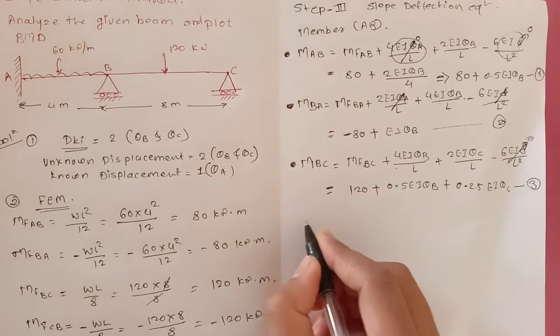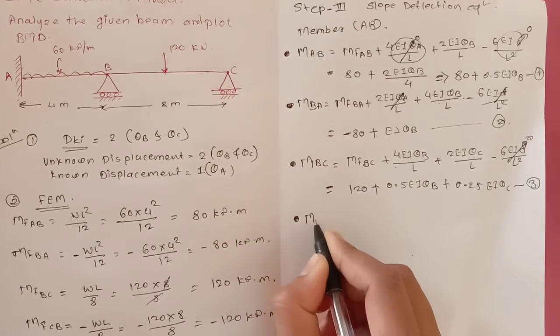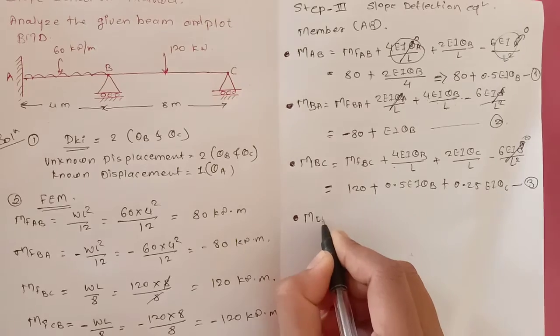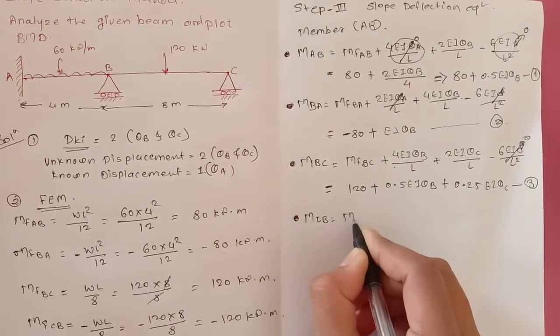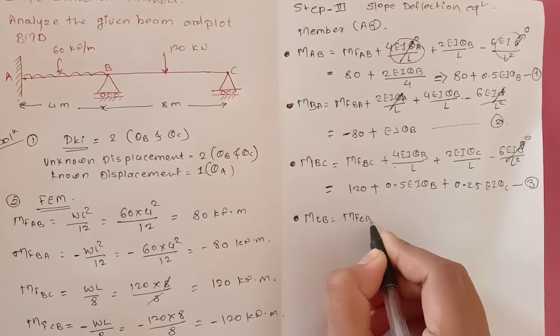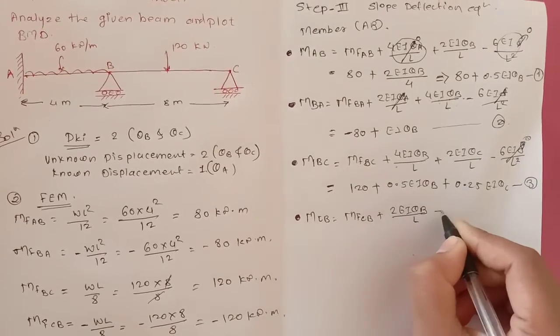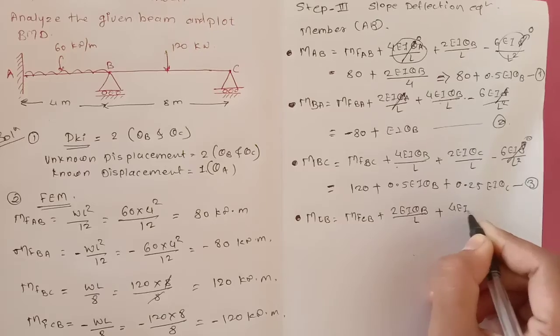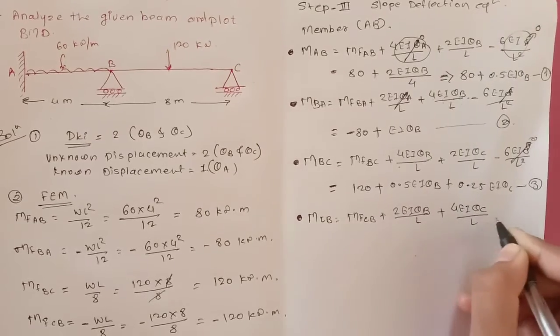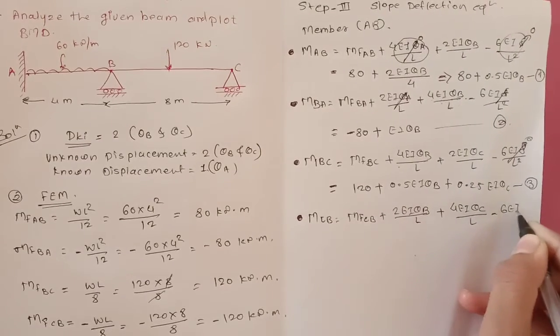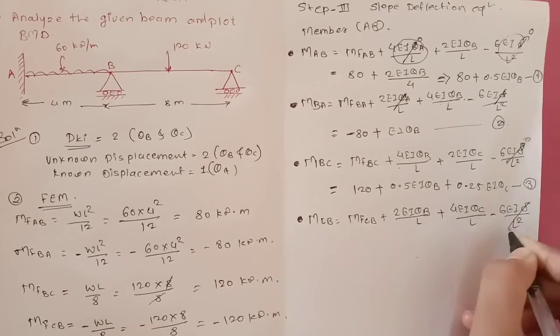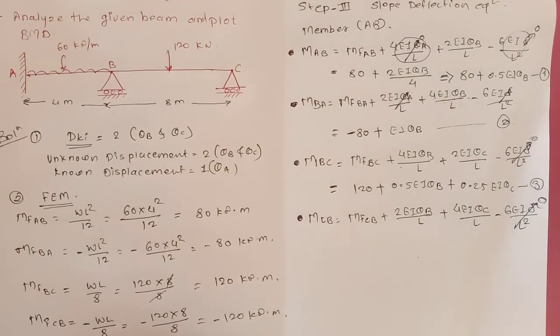Then next, last member, slope deflection equation for member CB. Formula is fixed moment for member CB plus 2 EI theta B divided by L plus 4 EI theta C divided by L minus 6 EI delta divided by L square. So here delta term is equal to 0.